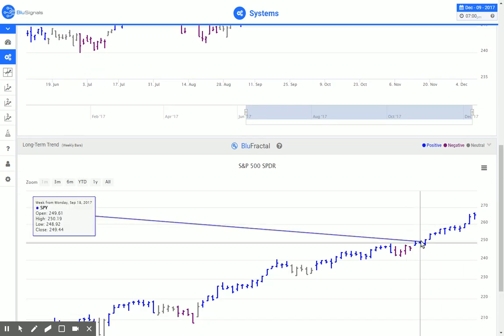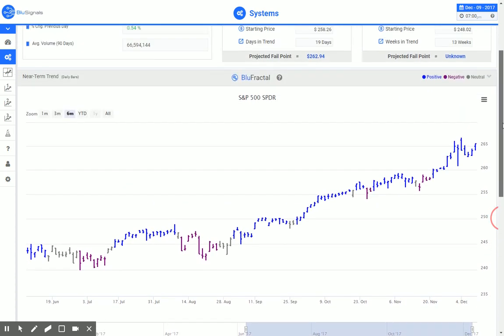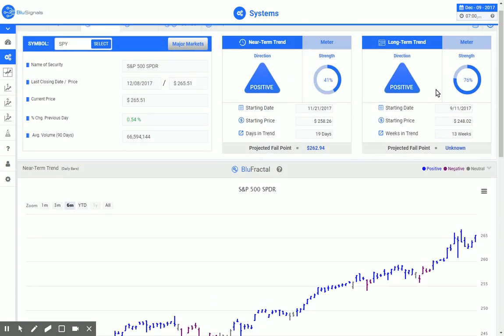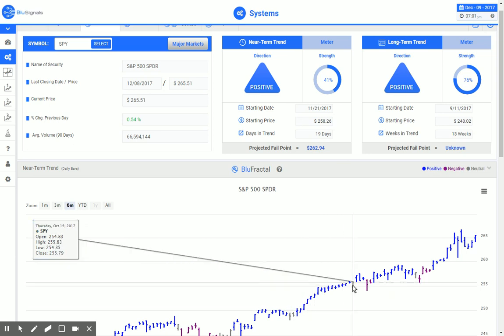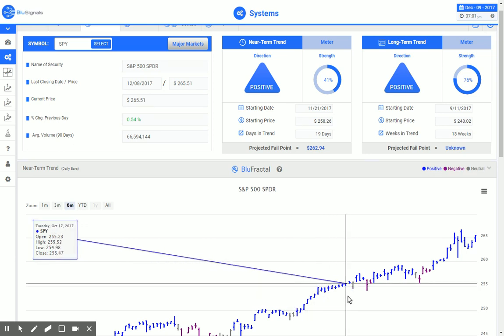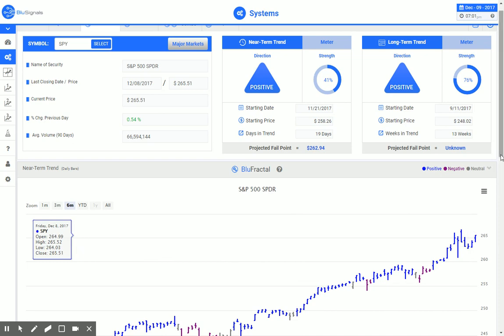By anticipating the timing and by observing the strength can give you confidence that these trends will yield substantial directional moves.